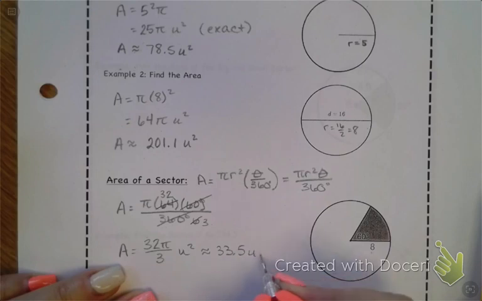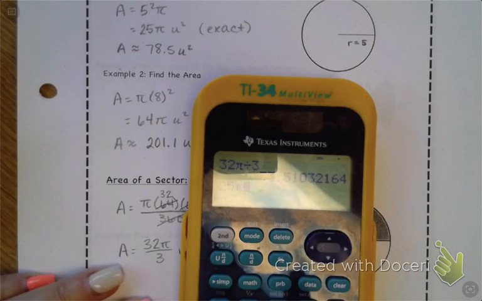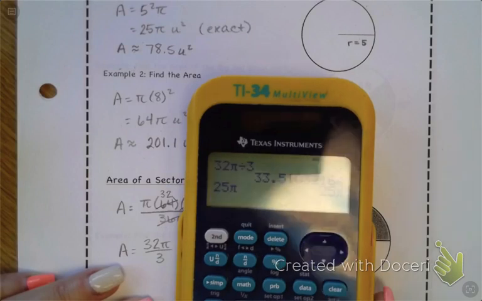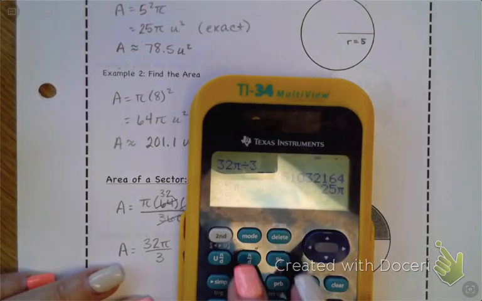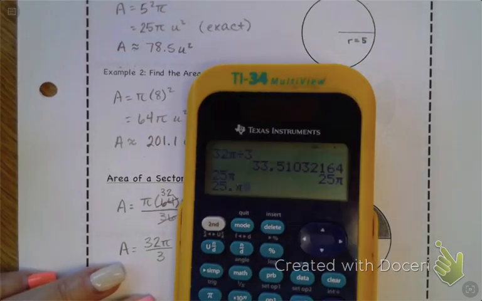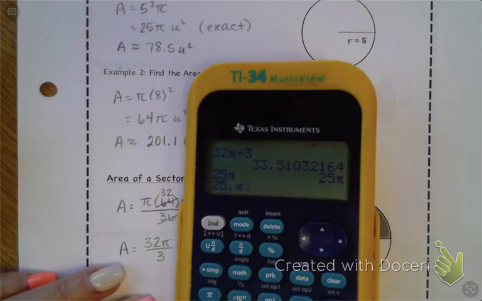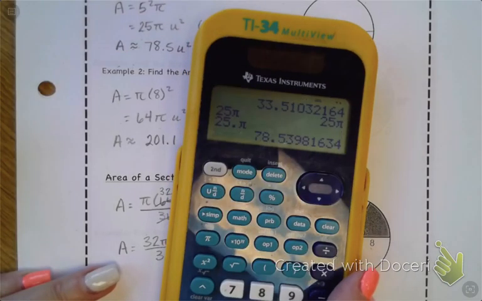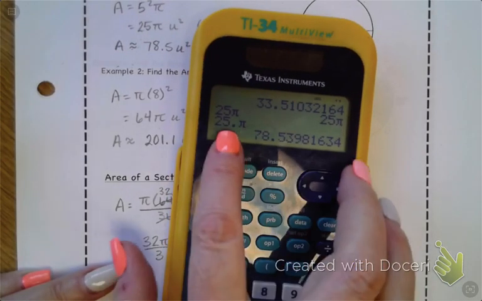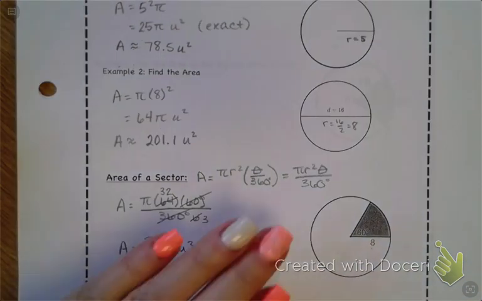Now, just a side note, if I want to take 25 times pi, I can't just put 25 pi in there because it's going to give me an answer of 25 pi. So I need to put 25 point pi, and it will then give me a decimal answer. So just remember to put that decimal if you're not doing a fraction.